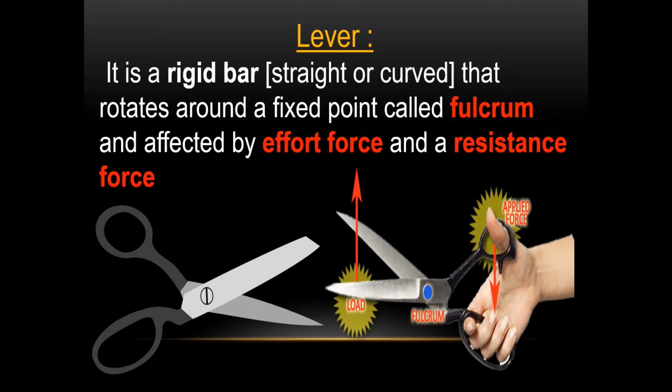Can you see here in the picture the fixed point in the scissors? Yes, here, the blue point. This is called fulcrum. So, the fixed point is called fulcrum.